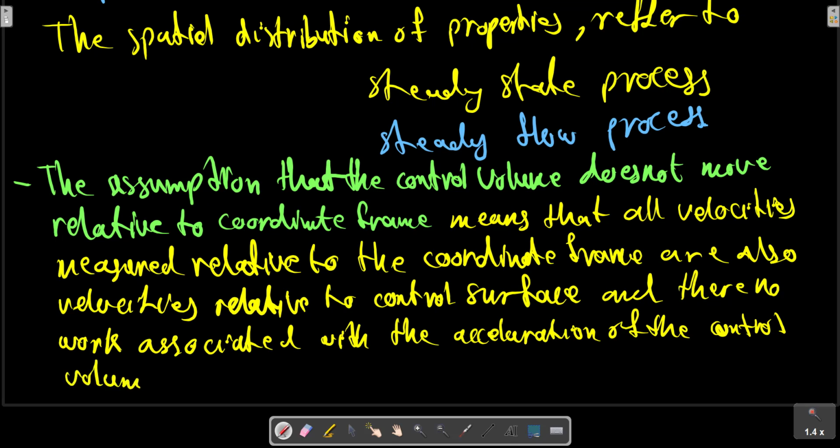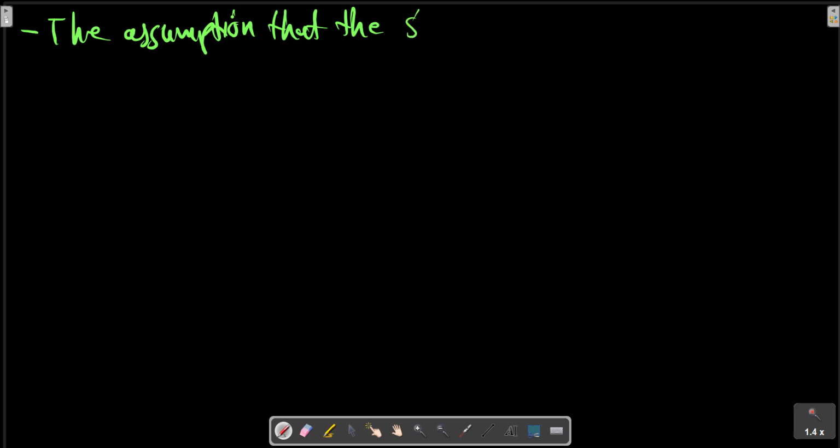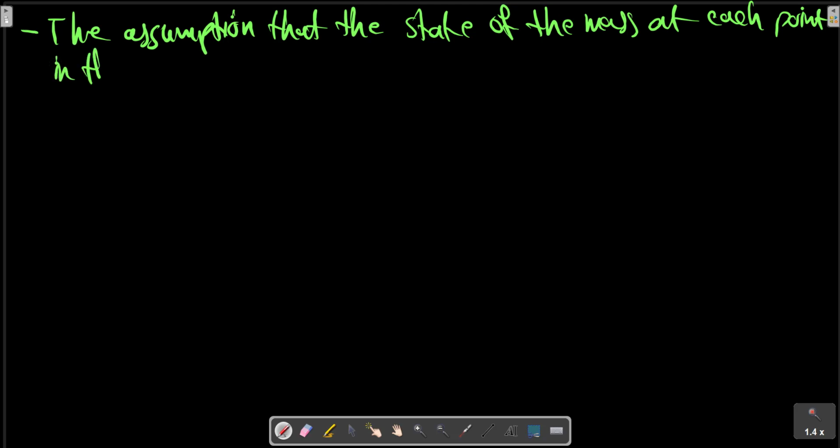And the next assumption, the assumption that the state of the mass at each point in the control volume does not vary with time requires that the mass be constant, and also the flux.